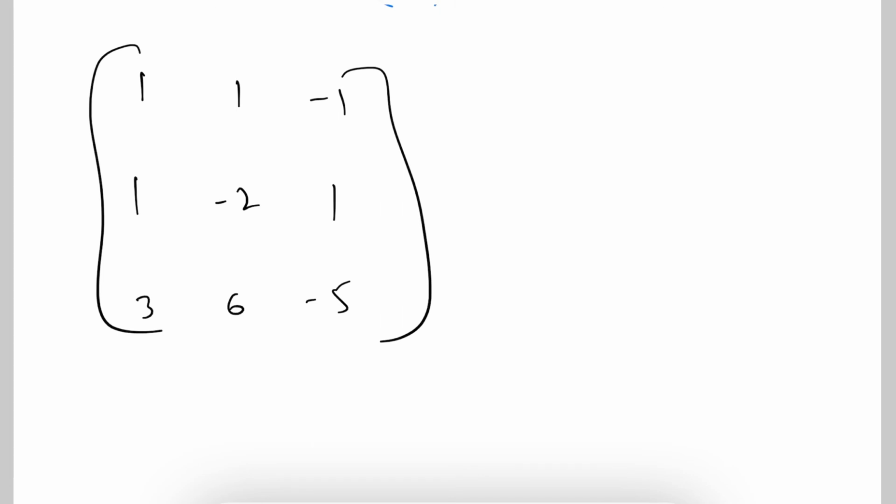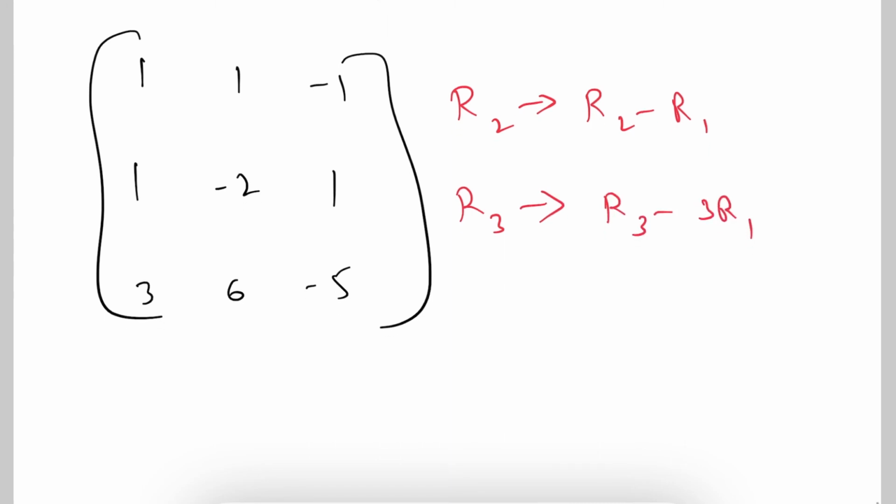So in this I will do modification, that is R2 I will change to R2 minus R1 and R3 I will change to R3 minus 3R1. Let us observe then what happens.